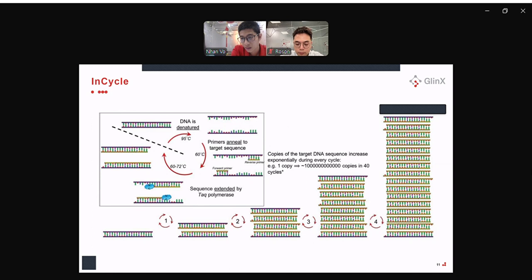The DNA copies increase exponentially because each cycle doubles the DNA quantity, meaning one copy can lead to billions after 40 cycles. The more initial DNA present in the sample, the earlier the fluorescence will be detected.